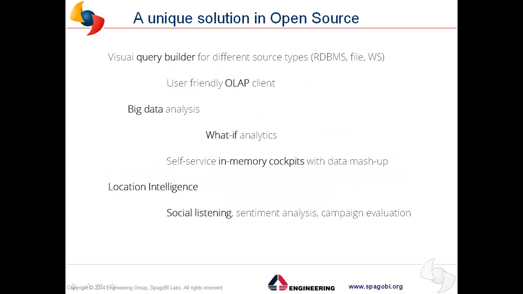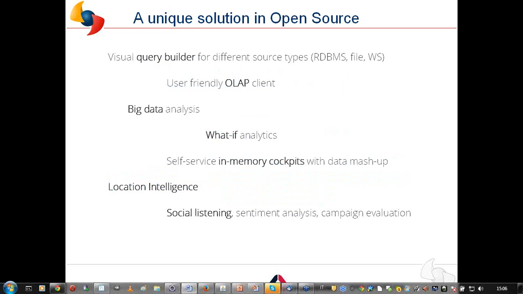What can SpagoBI do? If you already tried some of the latest versions of SpagoBI, you should know that it allows you to create interactive dashboards. It allows you to create online analysis, network analysis, geospatial analysis, and query by example. You can do self-service BI.